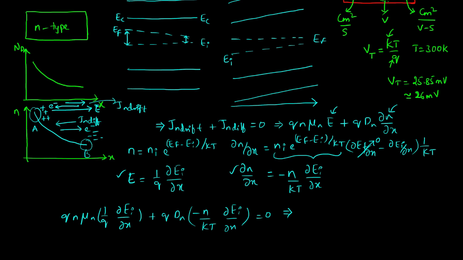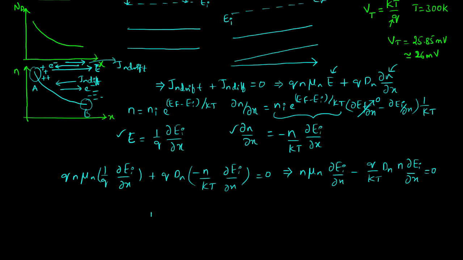Now we can reduce this to n mu n times del Ei over del x minus q over kT times Dn times n times del Ei by del x. This is equal to 0.